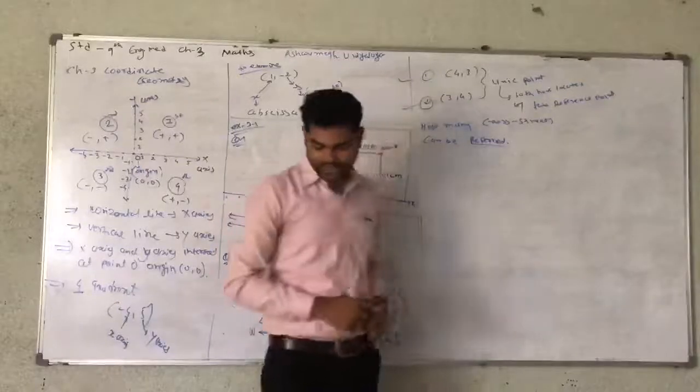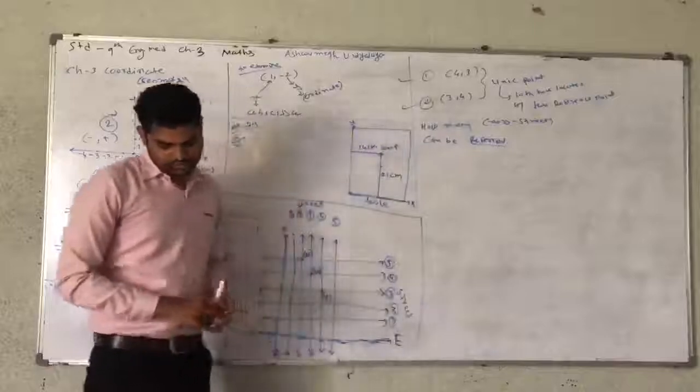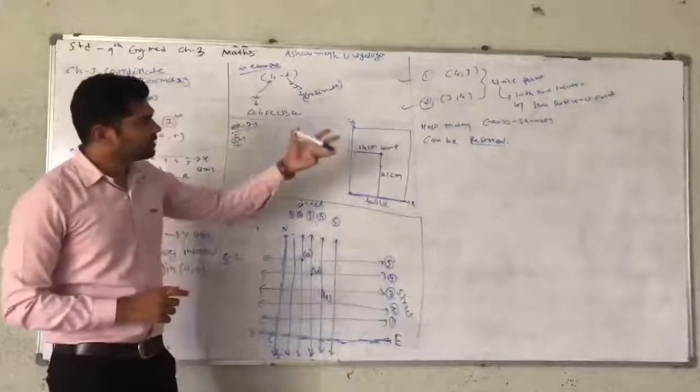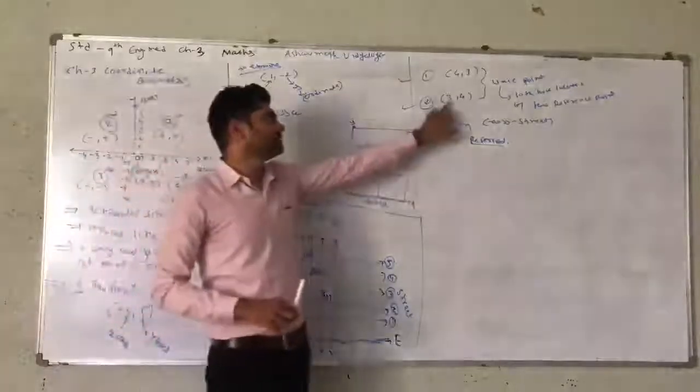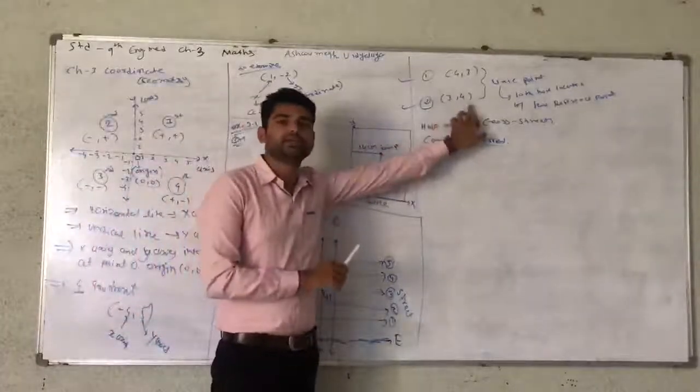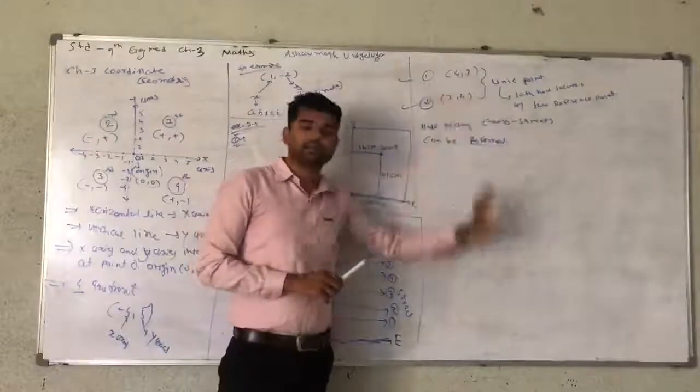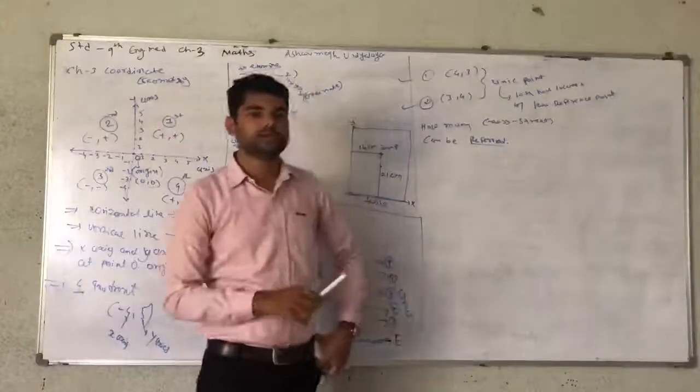Therefore, each is represented as a unique point using two reference points. The first reference point is along the x-axis, and the second along the y-axis. So it is a unique point.